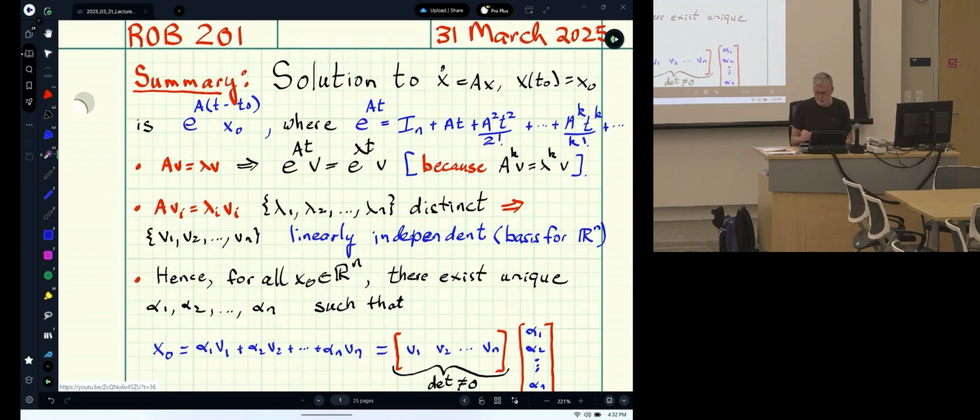And that's cool because we understand what scalar exponentials do, especially when lambda is real.